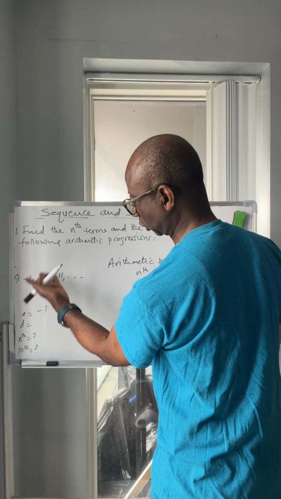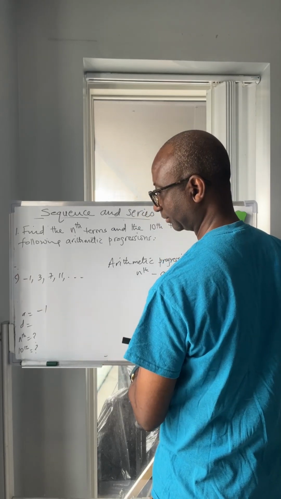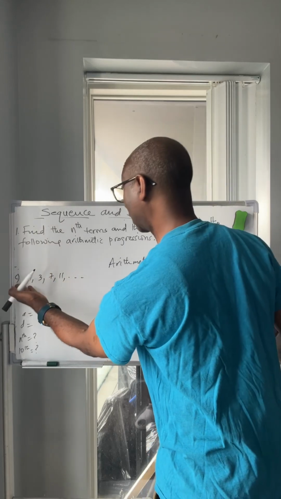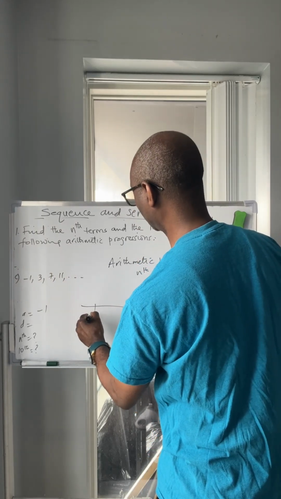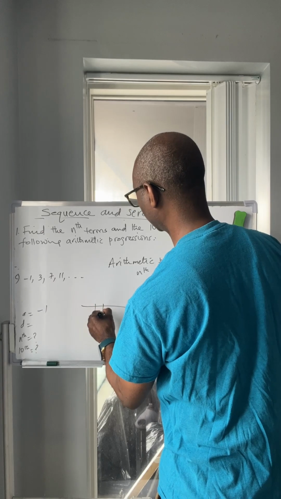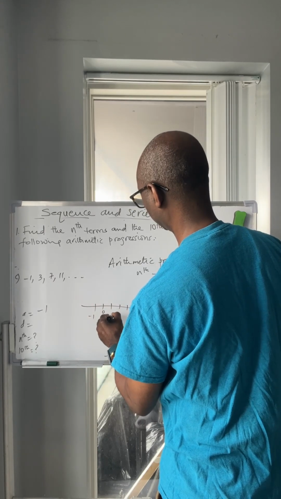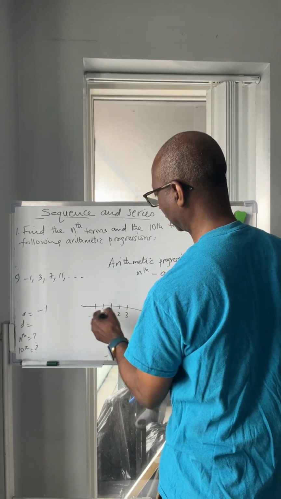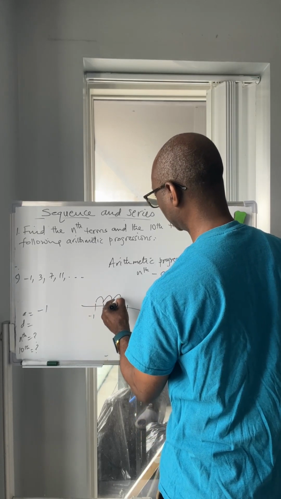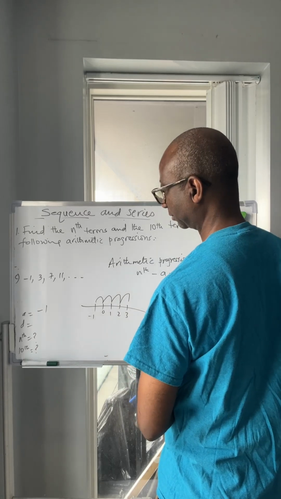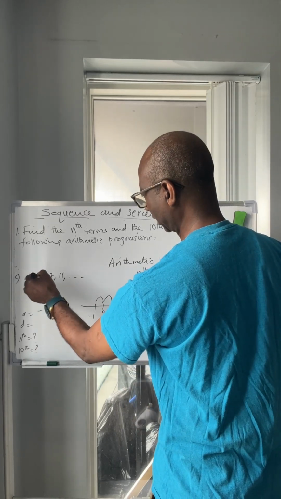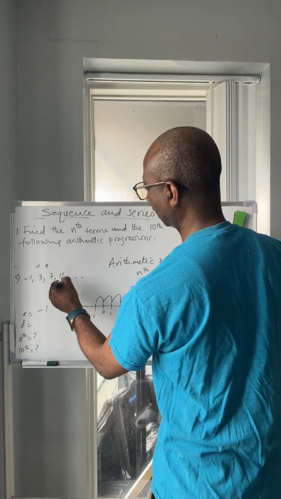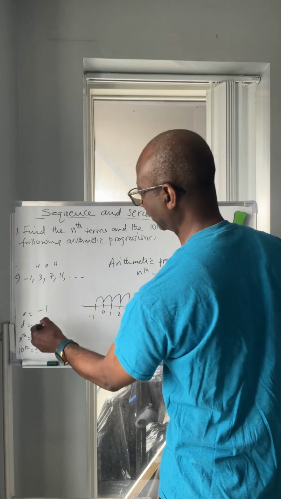How many steps from minus 1 to 3? There are 4 steps. From 0 to 3 is 3 steps. If you have your number line, don't get confused. This is minus 1, this is 0, 1, 2, 3. So from minus 1 to 3 you have 1, 2, 3, 4. 4 steps. So the difference between minus 1 and 3 is 4. And 3 and 7 again is 4. 7 and 11 again is 4. So your difference now becomes 4.